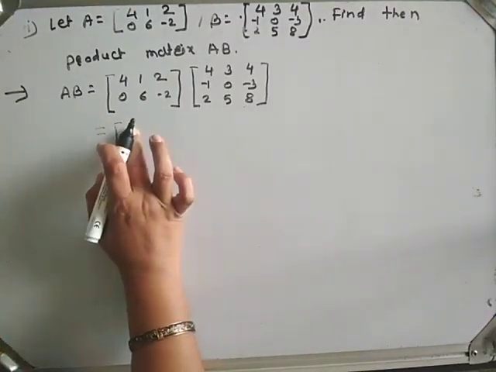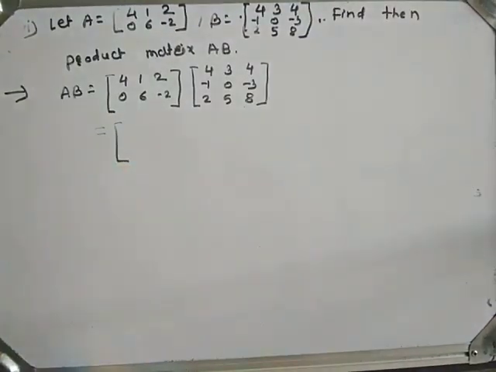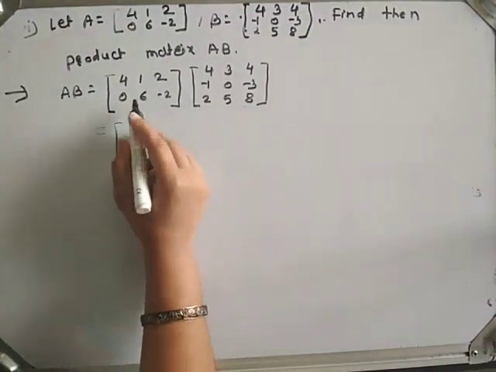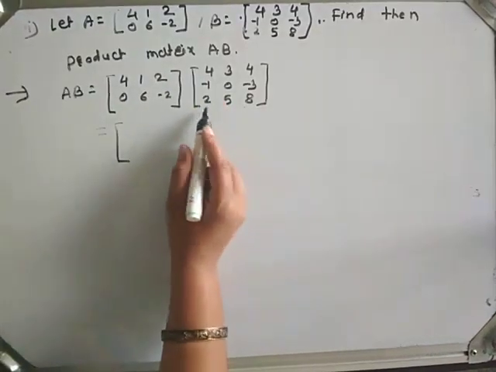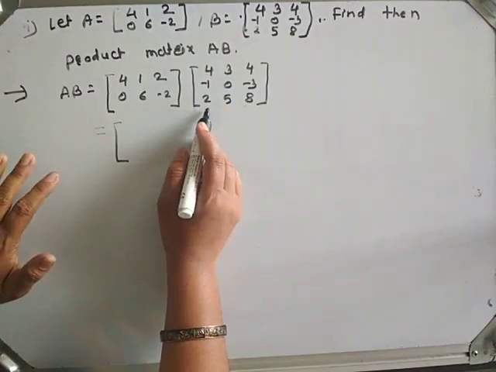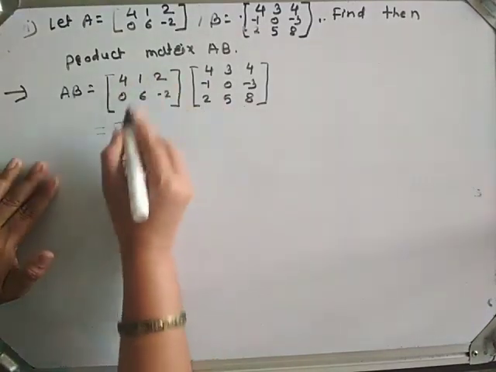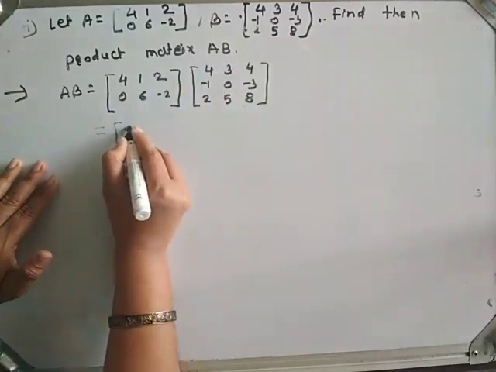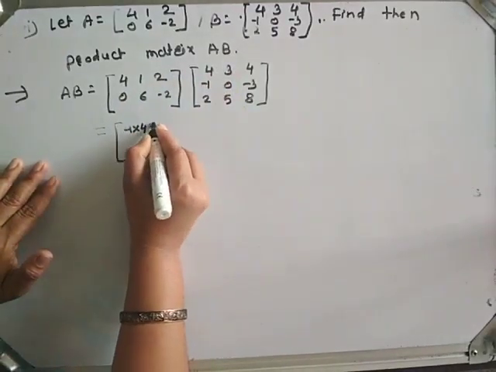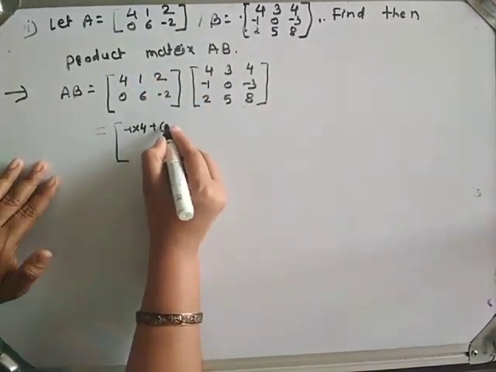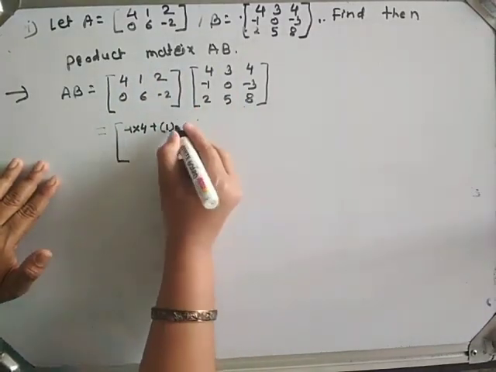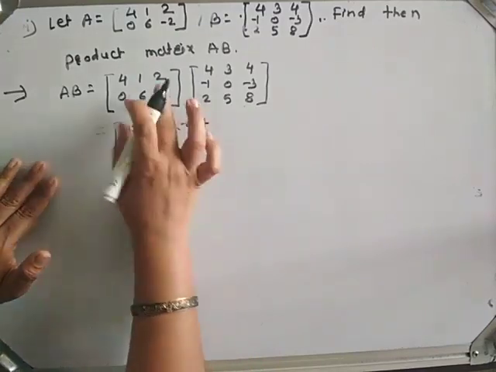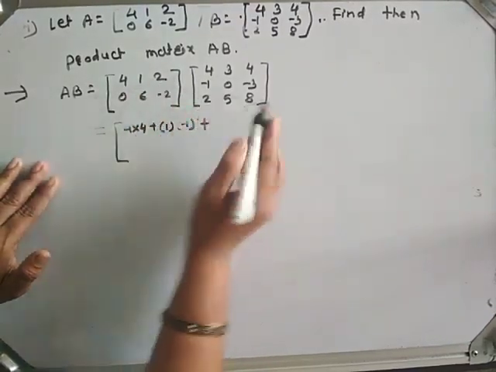For this we have to multiply the corresponding entries from the first row of A and the first column of B and add them. That is 4 into 4 plus 1 into minus 2, 1 into minus 1 plus 2 into 2.